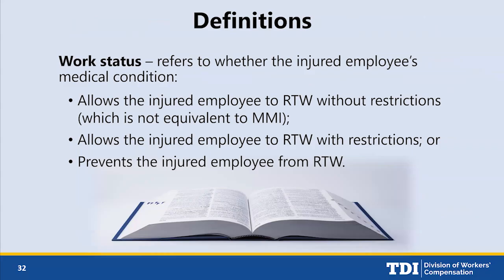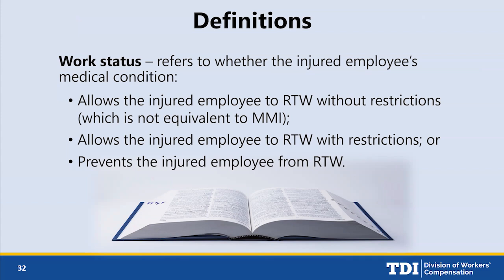So let's go over specifically, what does a change of work status mean? A change of work status means one of three things. One, the injured employee is allowed to return to work without restrictions. It's not the same thing as MMI. Keep that in mind. Two, the injured employee may go back with some restrictions.